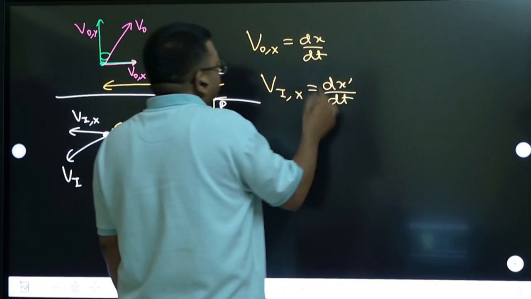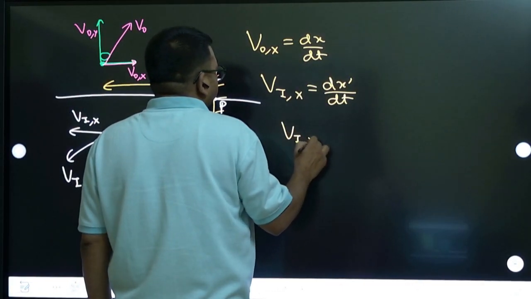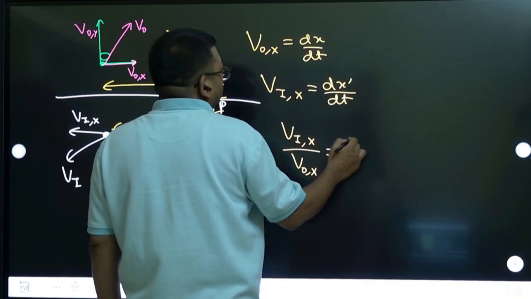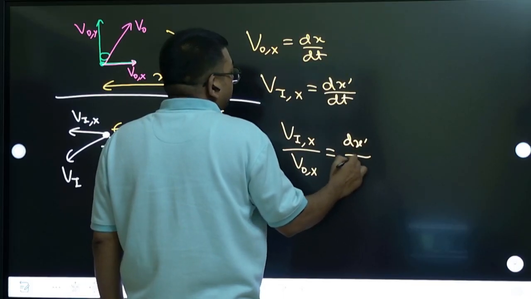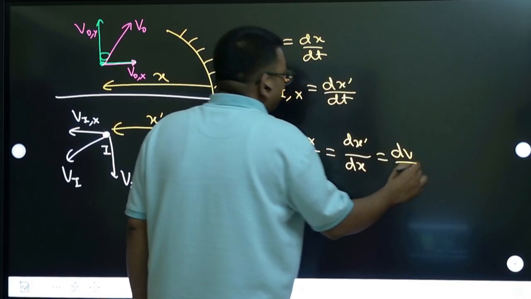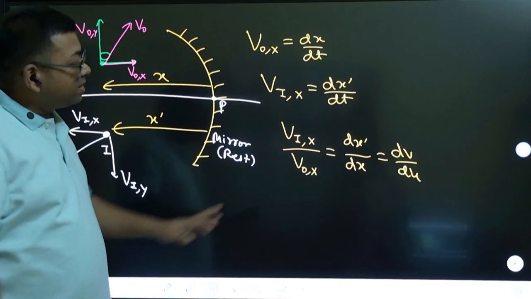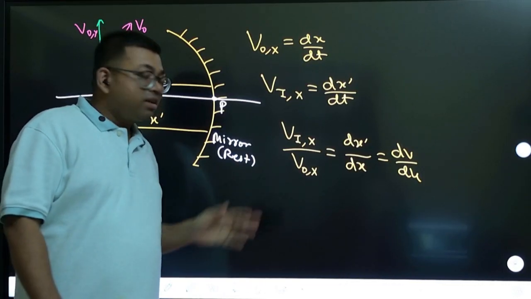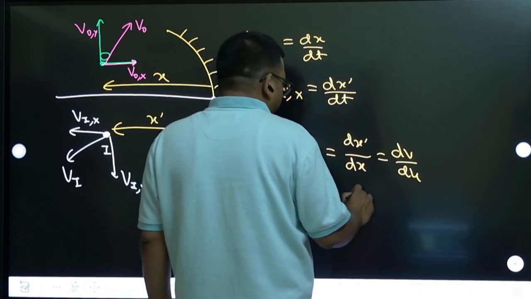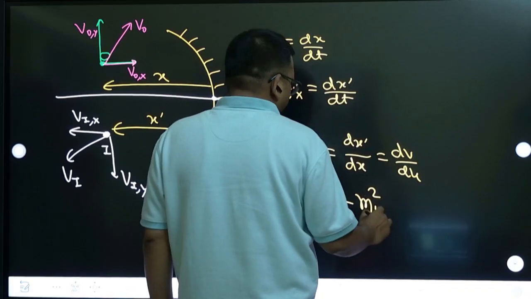Suppose I take the ratio, Vix divided by Vox. This becomes dx dash by dx, which is the same as dv by du, because x dash is v, the image distance, and x is u. So dv by du, which we have just calculated, is minus m square lateral.